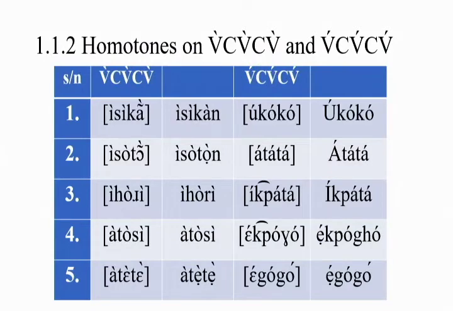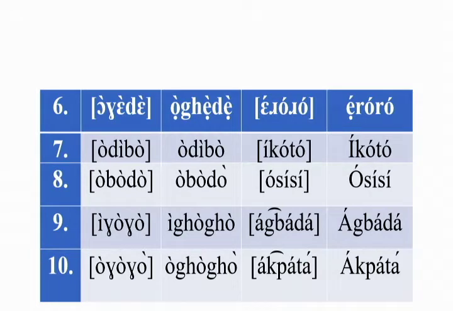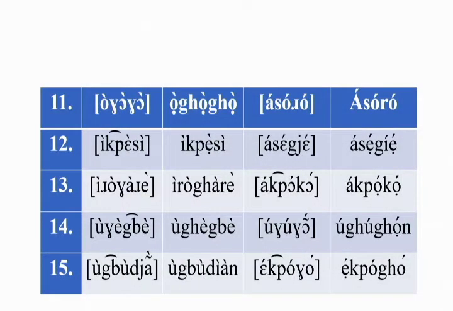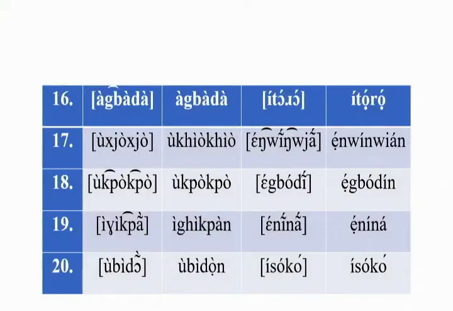So let us consider the sequence of lows first, as you have it in isikan, isoton, ihoi, atosi, atete, orede, odibo, obodo, ihoho, ogogo, ipesi, irogai, ugegbe, ugbodia, agbada, ukyokyo, ukpokpo, irikpa, ubidon.